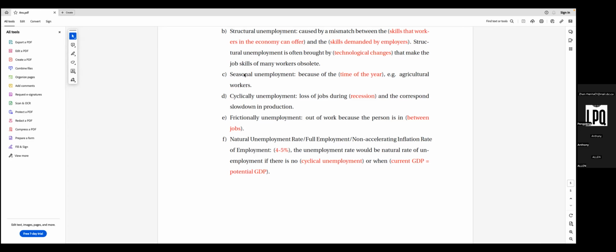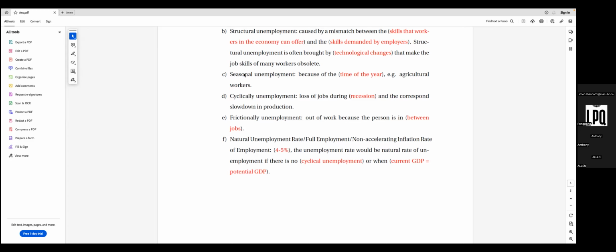Recently, one more good example is COVID-19. Due to COVID-19, you lose your job. This kind of thing can be called cyclical unemployment. It's not because you don't have the necessary working skills. It is not your fault. It's due to the environment.